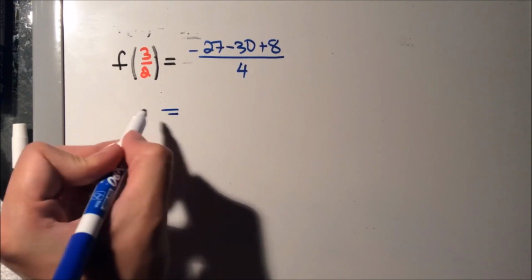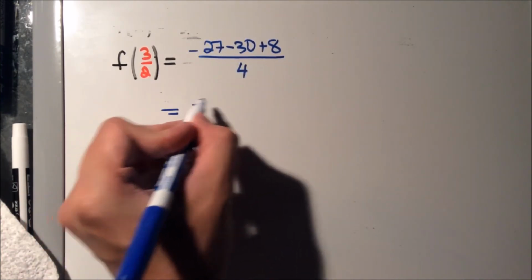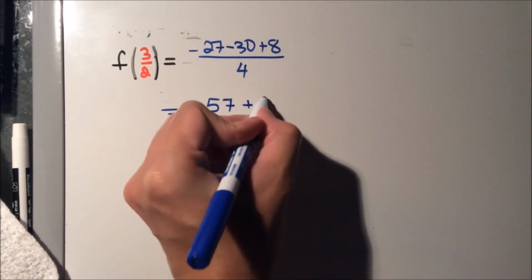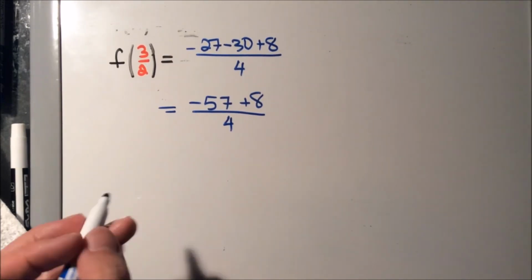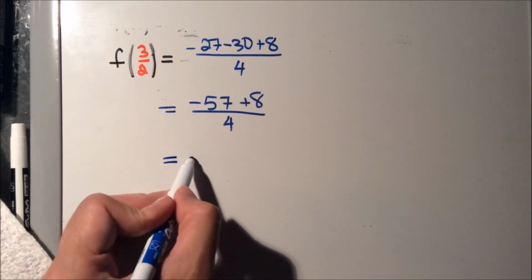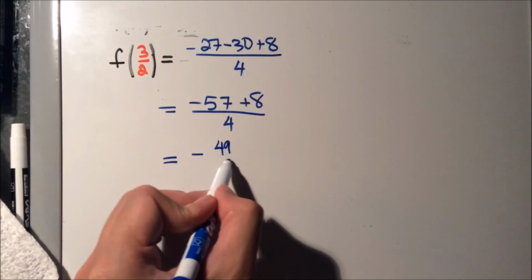If I want to do this step by step, let's do -27 minus 30. That will become -57. And I bring down the plus 8, but I still have the same denominator. Now it's just -57 plus 8, which will become -49/4.